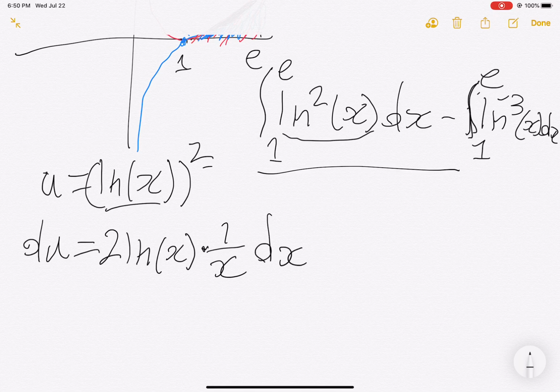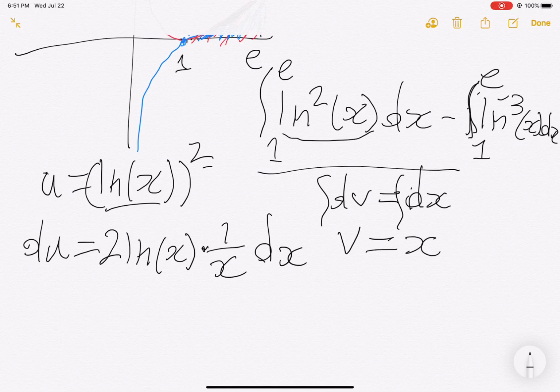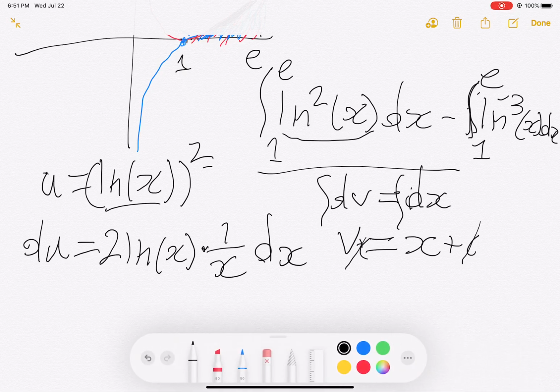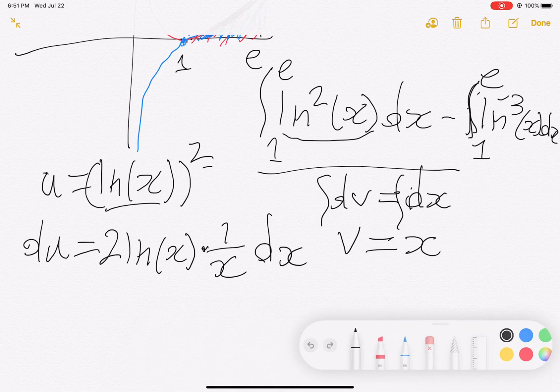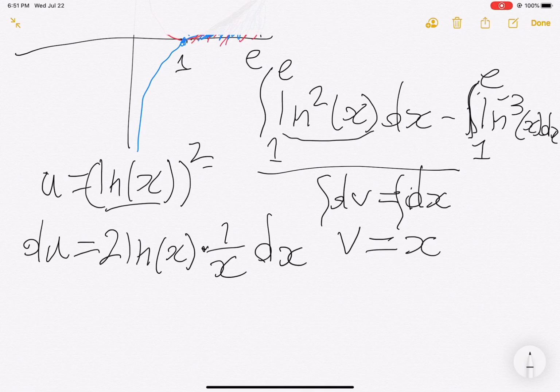And now for our dv, we have dx, so 1 dx, and integrating both sides, we get v equals x. We could add plus c here, but then it would cancel. So v equals x, and now let's plug this in.